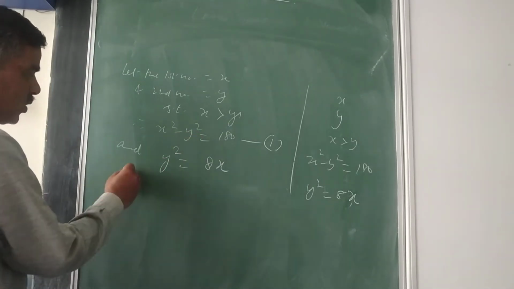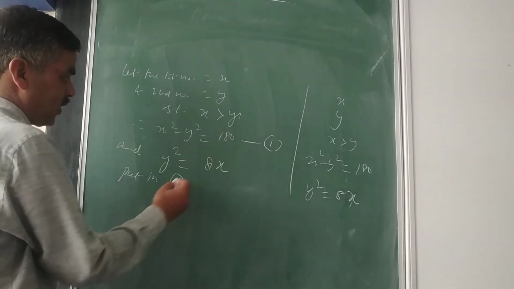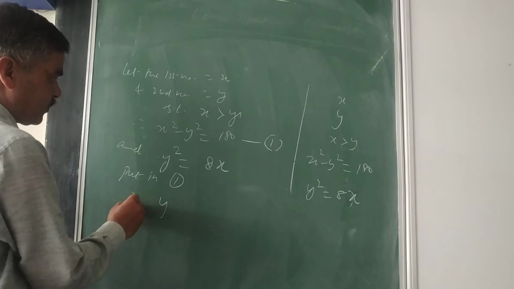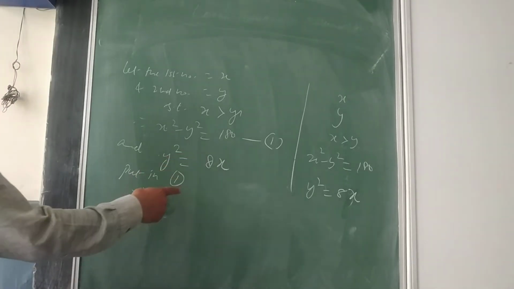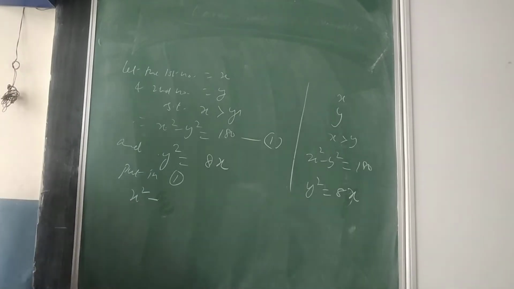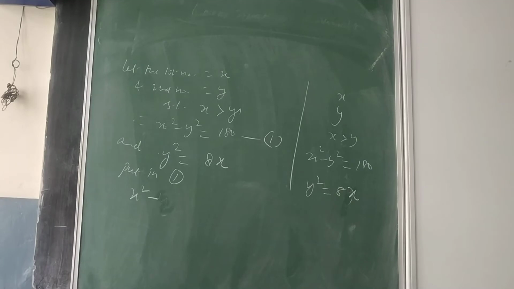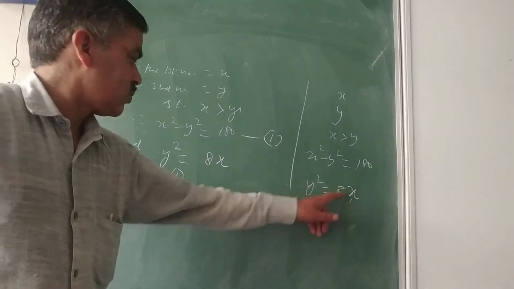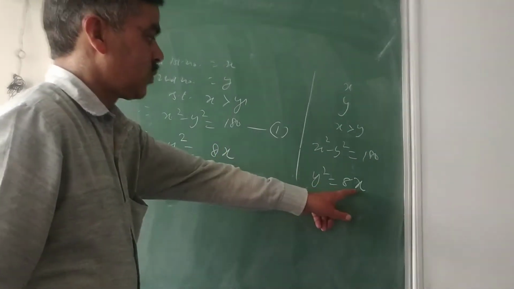Now you can substitute here, put in 1. As soon as you put in 1, x square minus y square is equal to what? It is given in the question, the square of the smaller number is 8 times the larger number. So square of the smaller is 8x.